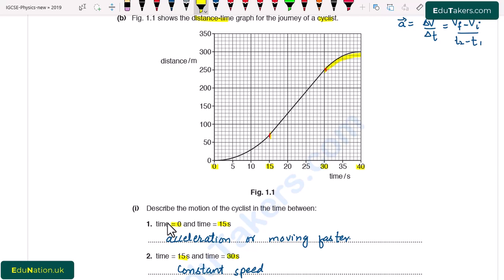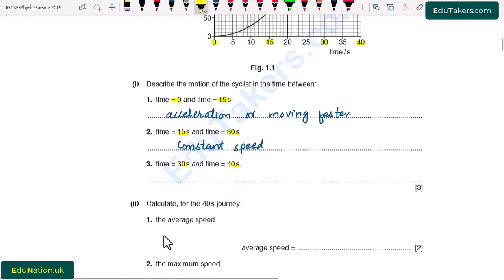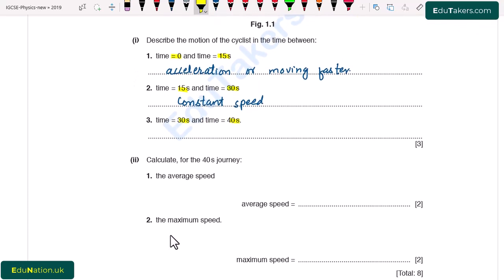The cyclist is decelerating. I write here deceleration or moving slower.